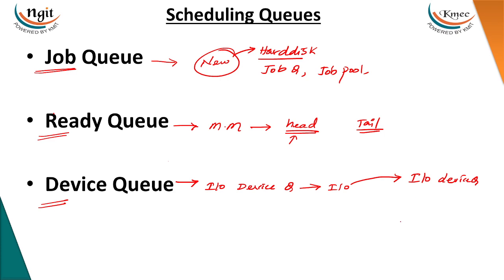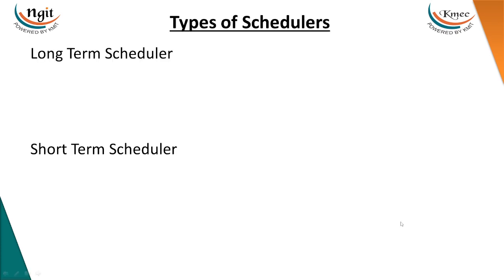Next, there are three types of schedulers: the long-term scheduler, the short-term scheduler, and the medium-term scheduler. These schedulers are taken from your process state diagram. Initially, all the processes reside in your hard disk.